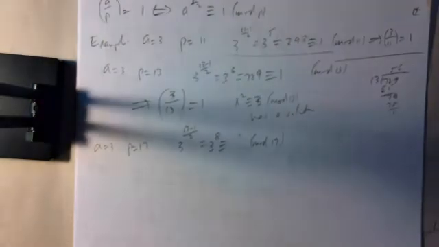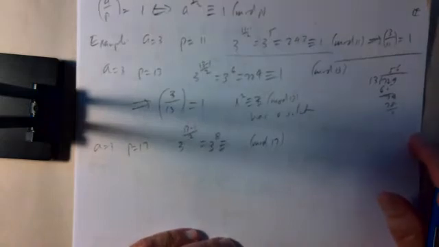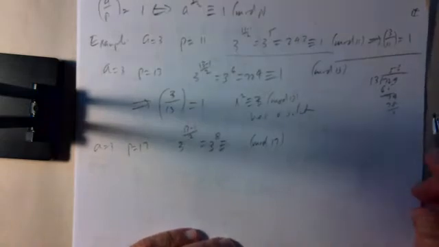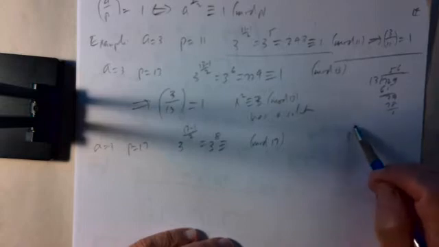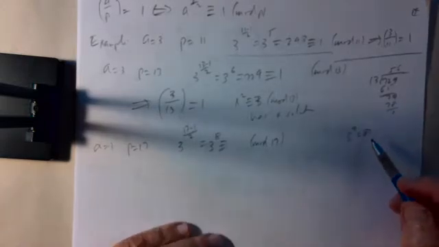Yeah, so we have to calculate 3 to the 8th mod 17. So that's just doing some arithmetic. 3 to the 4th is 81. Let's see, 17, 34, 68.